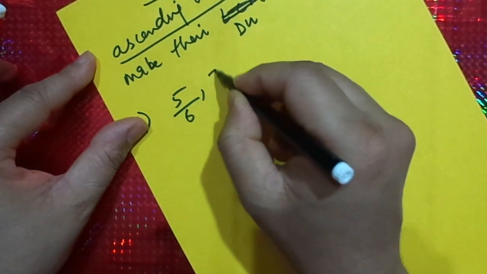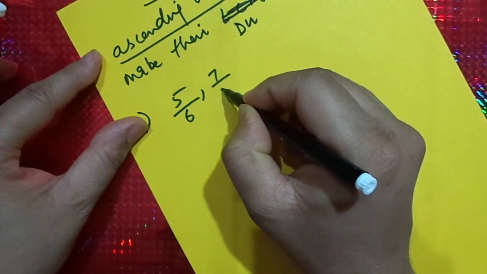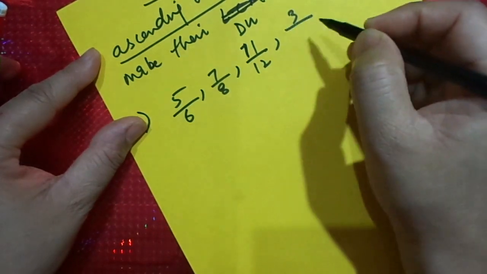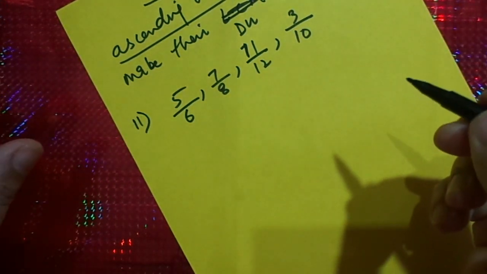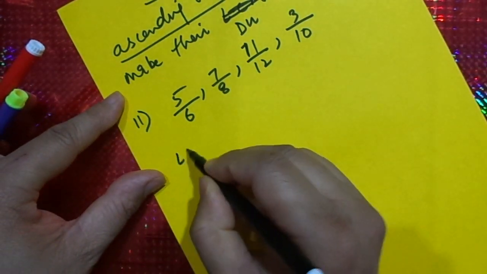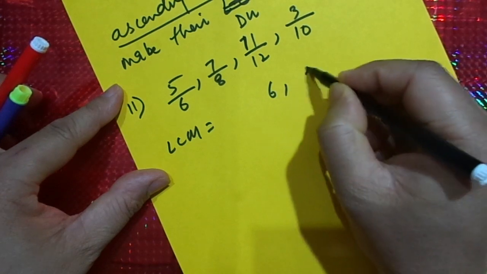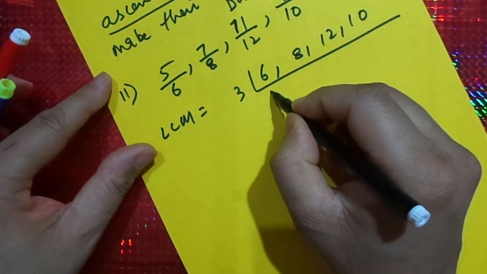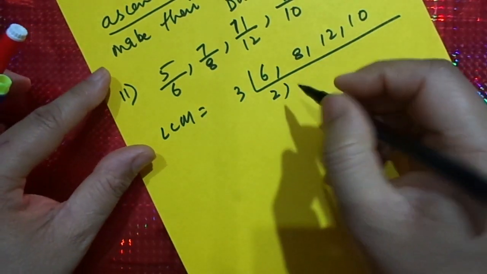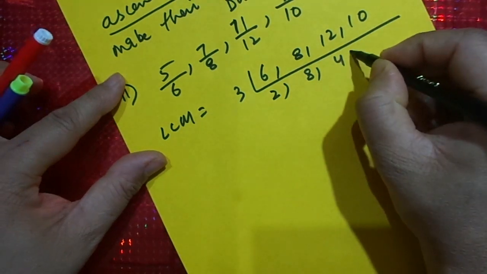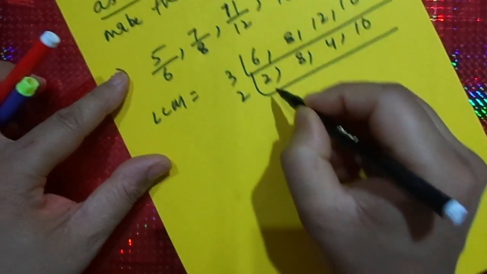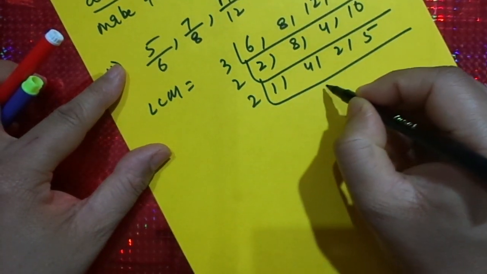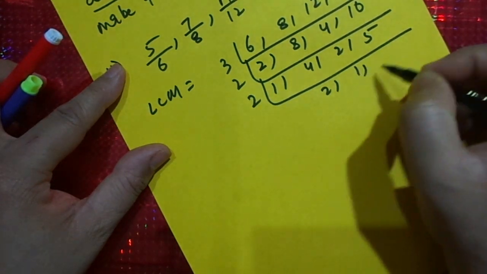5 by 6, 7 by 8, 11 by 12 and 3 by 10, isn't it? So let us find out the LCM of 6, 8, 12 and 10, and here we go. 3 times, 2 times 6, 8, 4, 10, 2 1 times 4, 2, 5, 2 2 1 times 5.